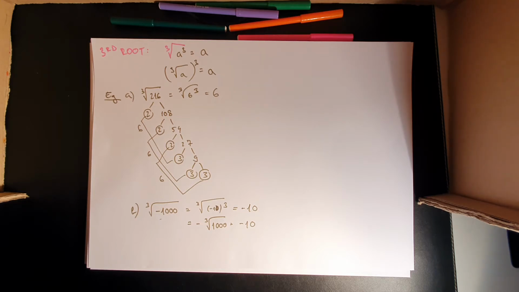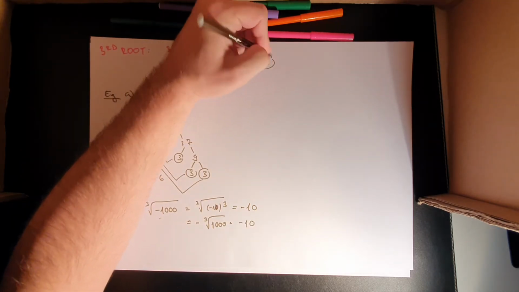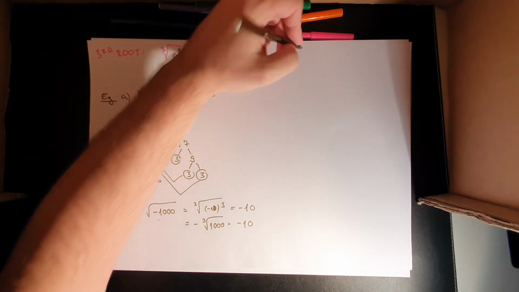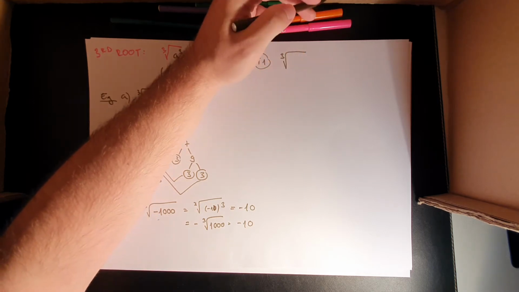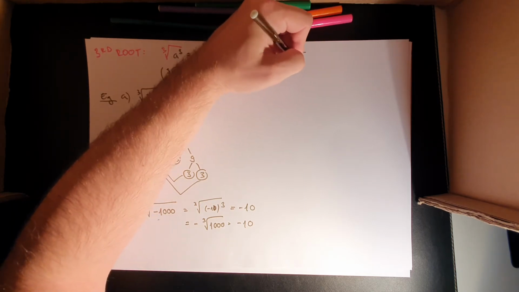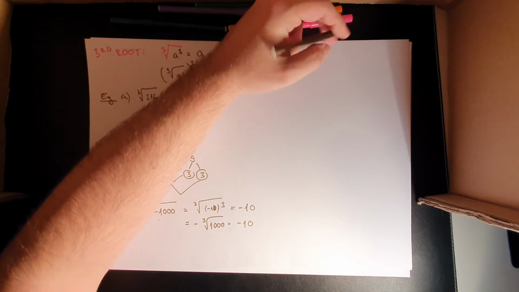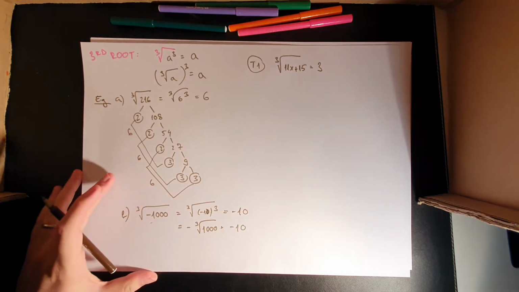Now let's go through the tasks. I'm going to go with task 1, since I'm going to use the third root now as an example. The irrational equation with the third root is the third root of 11x plus 15 equals 3. Now, please, everyone, watch out.